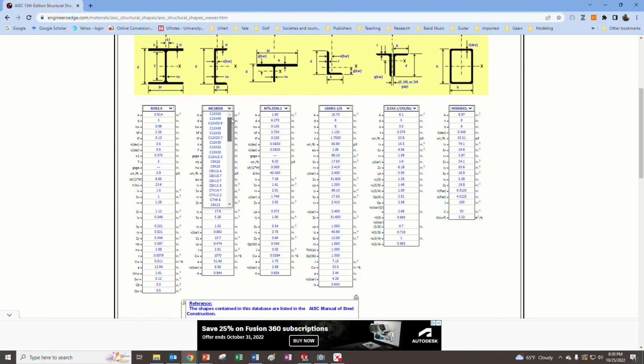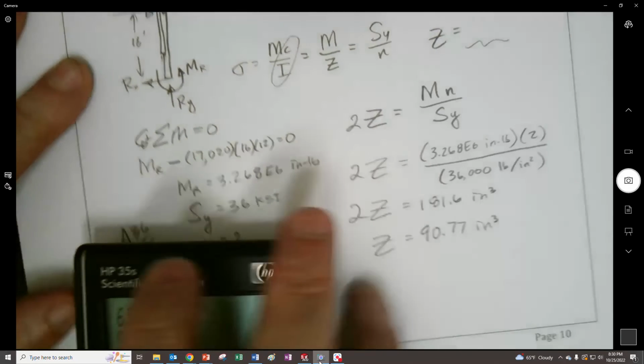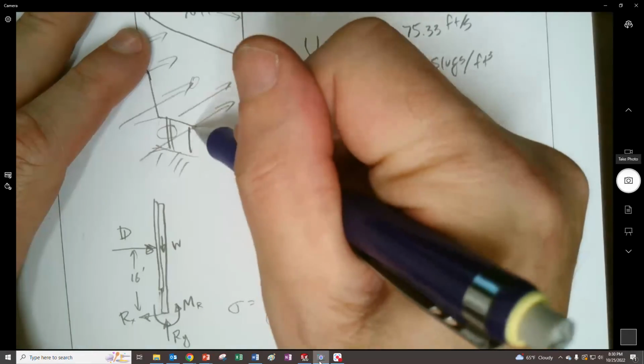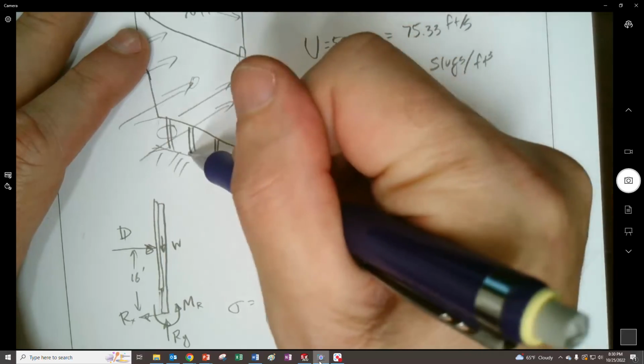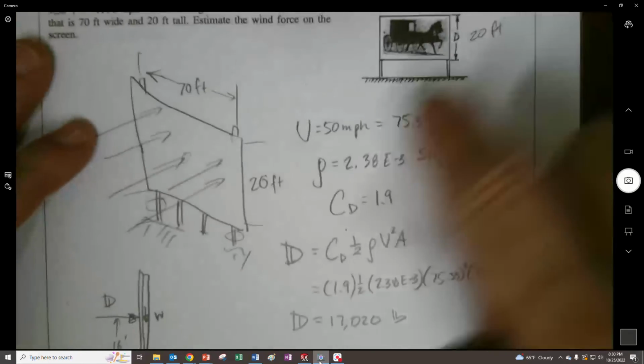So I picked out a pretty difficult problem. That guy right there is still only 53.8. So I think the solution would be to have 4 of these legs instead of just 2 for this wind resistance of 50 miles per hour.